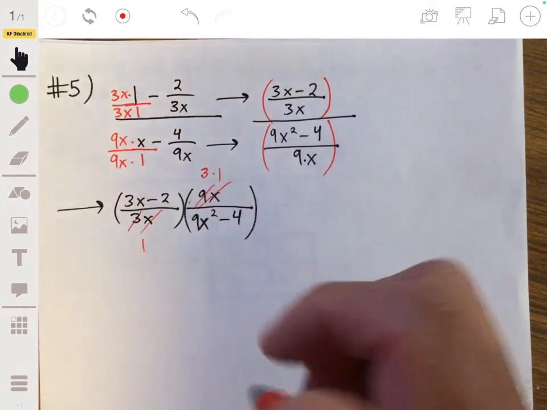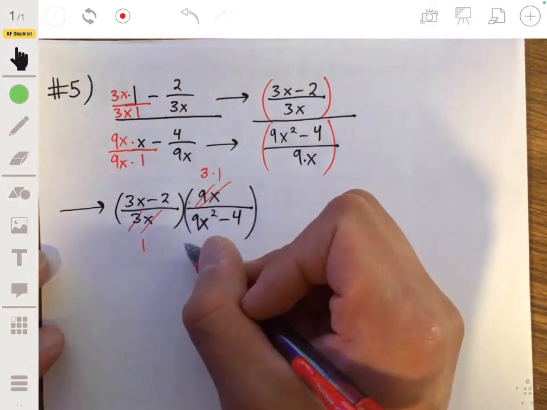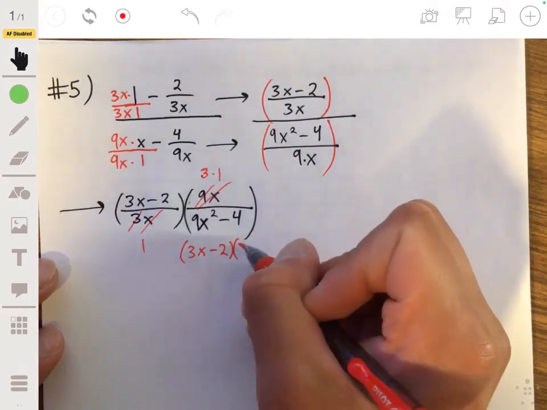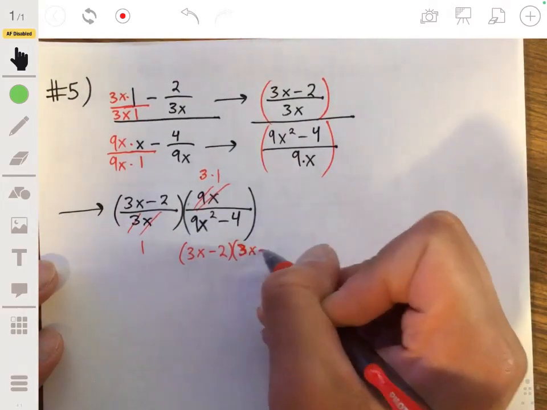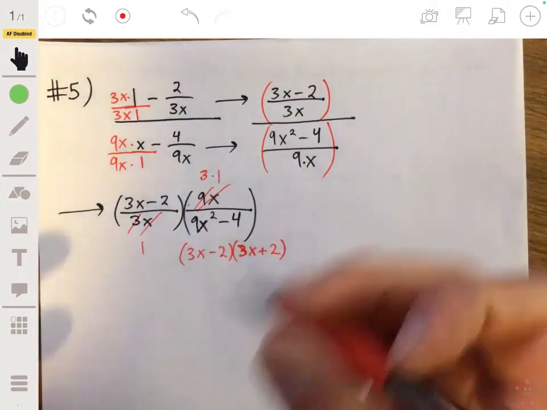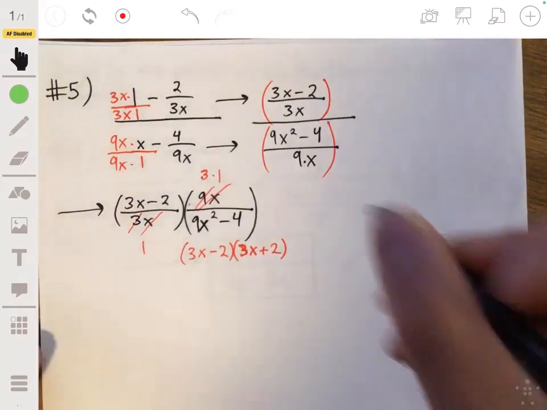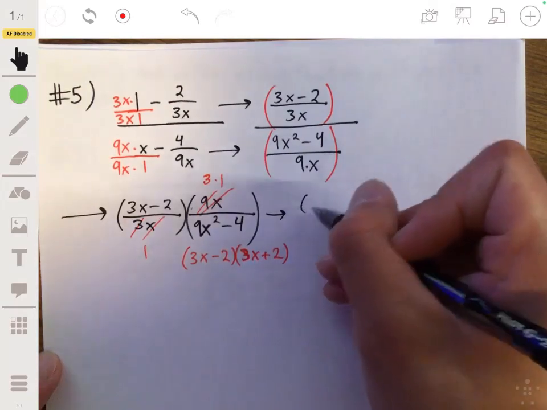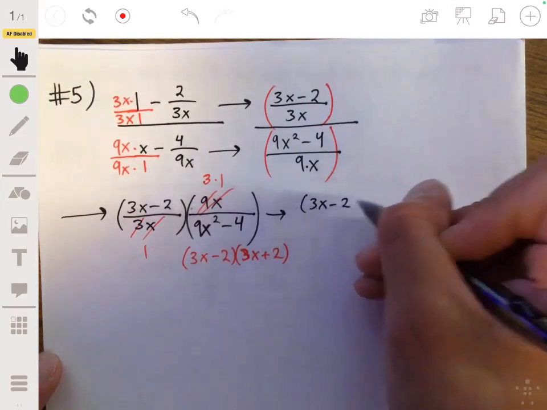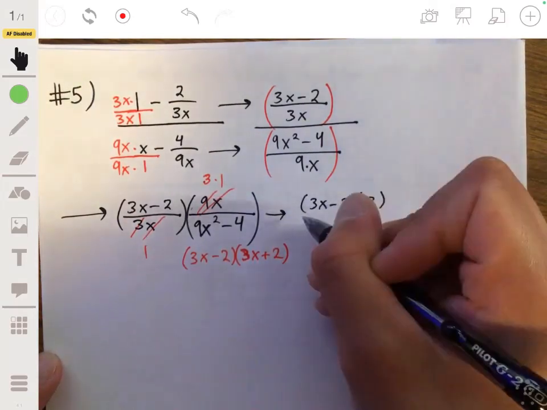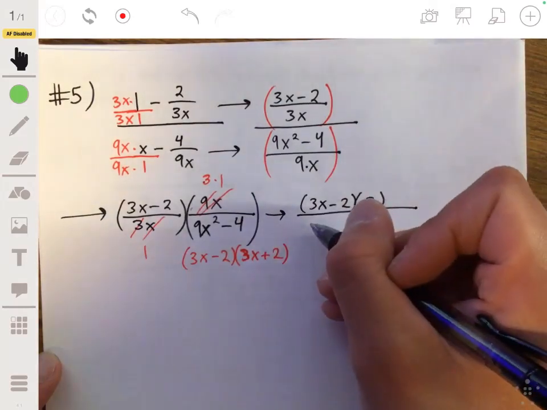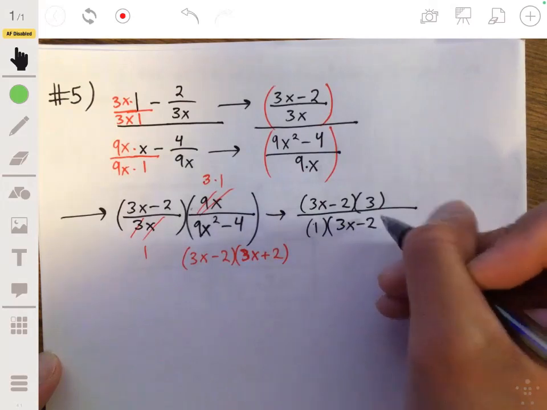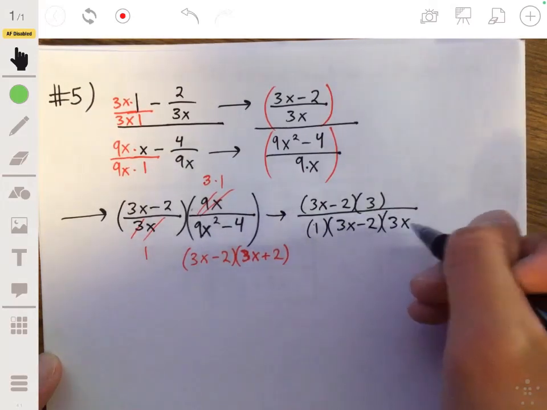And this can actually factor into a 3x minus 2 times a 3x plus 2. So if I expand it so you can see it easier, what I really have on top is 3x minus 2 times 3 all over just that 1 times the 3x minus 2 times the 3x plus 2.